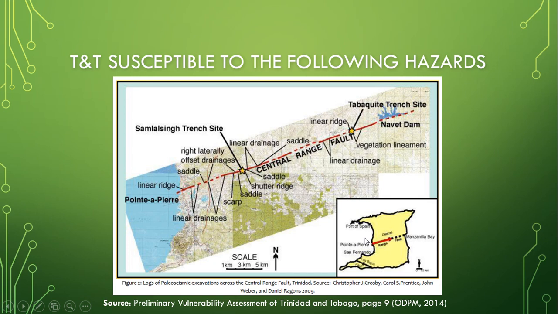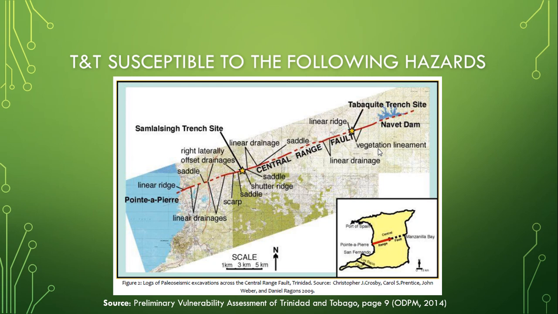And the reason I want you to note these areas is because these are areas, particularly the Pointe-a-Pierre area, where we have a heavy concentration of industrial development. So along this line, historically speaking, we have had a lot of tectonic activity taking place, and geologists are very concerned that this area in particular is highly vulnerable to tectonic activity.